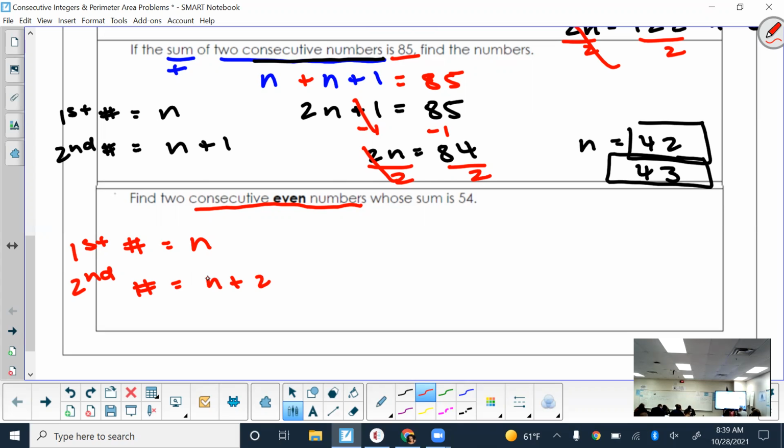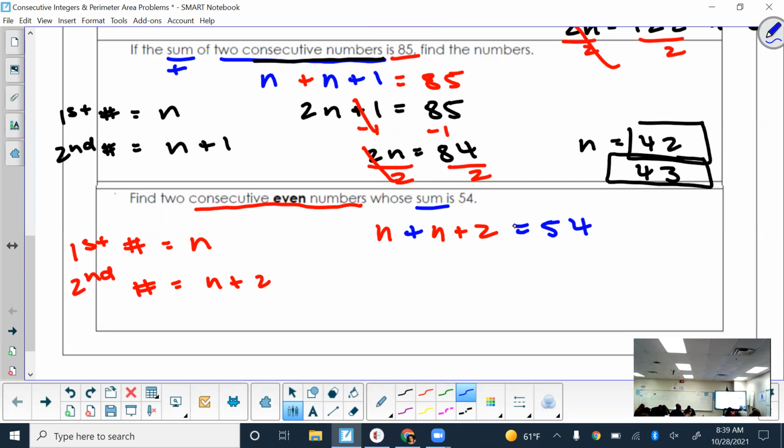And it says find 2 consecutive even numbers whose sum, so what am I doing? Adding these together. So n plus n plus 2 is 54. How do I write that in algebra? Good.